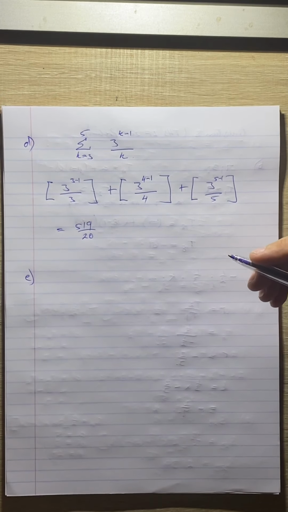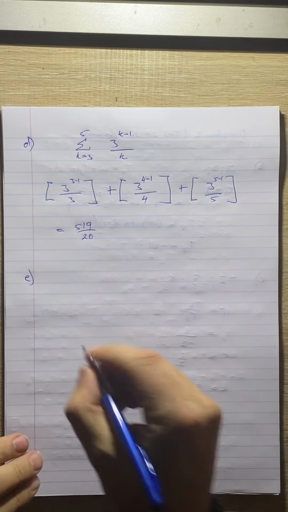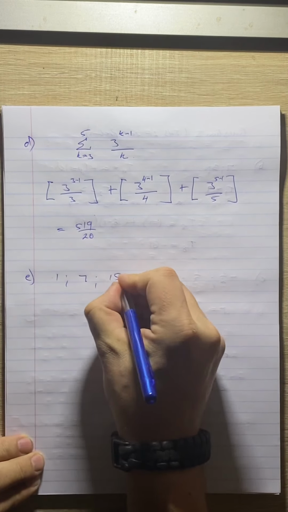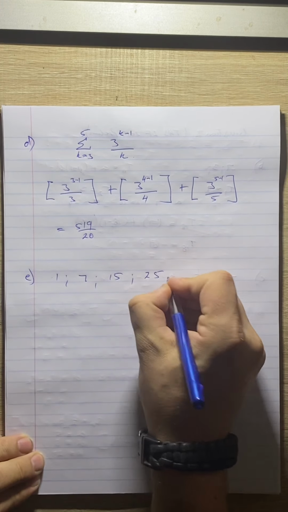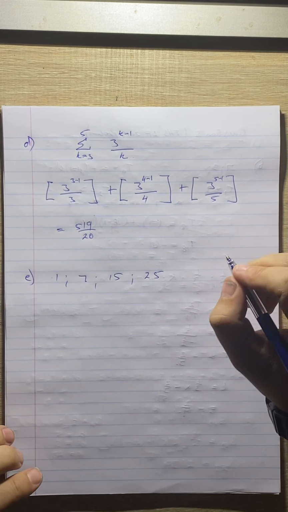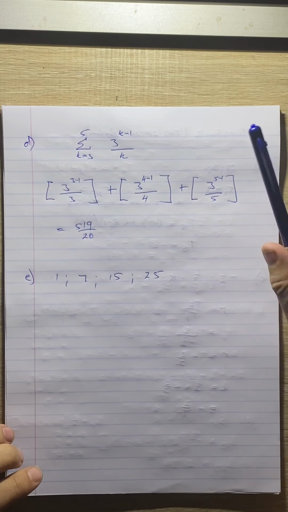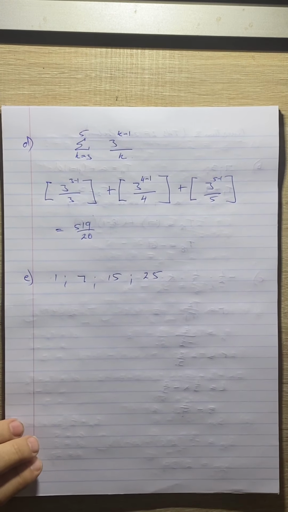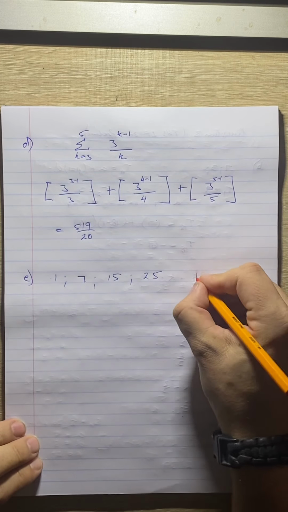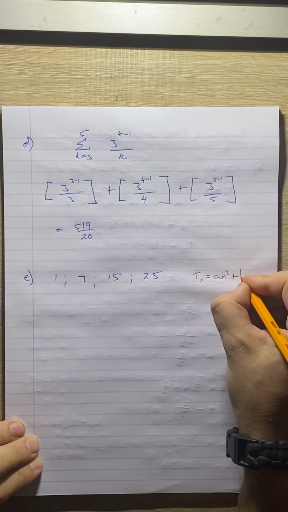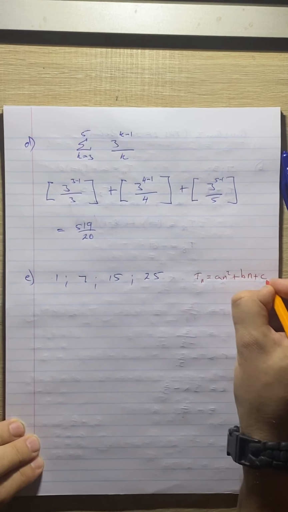The first four terms of a quadratic sequence are 1, 7, 15, 25. Determine the Tn formula, showing all necessary working out. Because it's a quadratic, we know we're going to be using Tn is equal to an squared plus bn plus c.